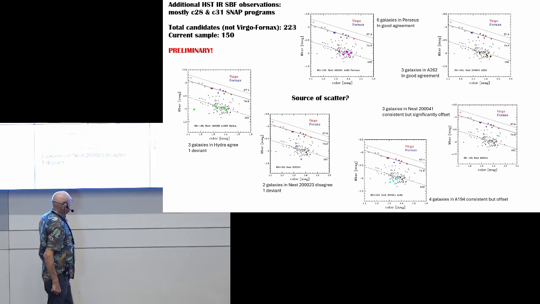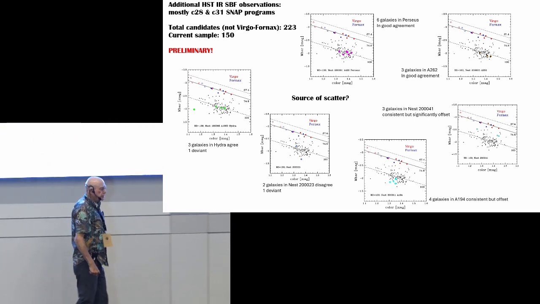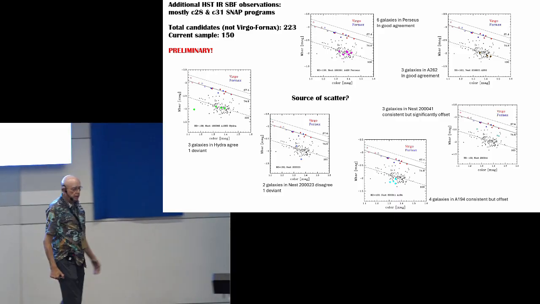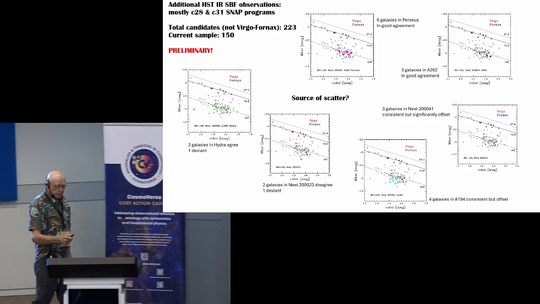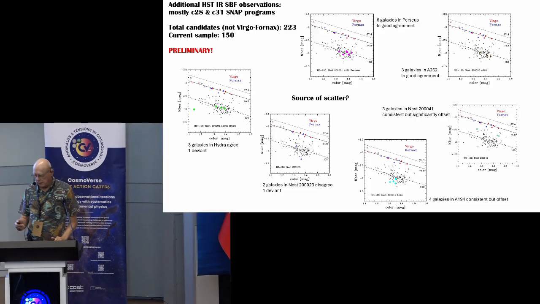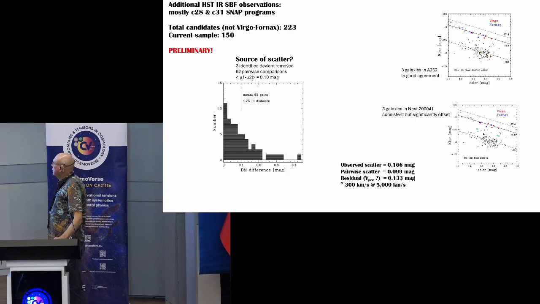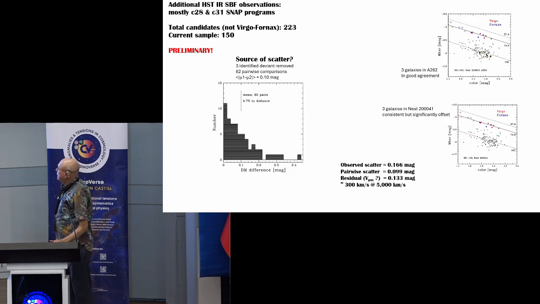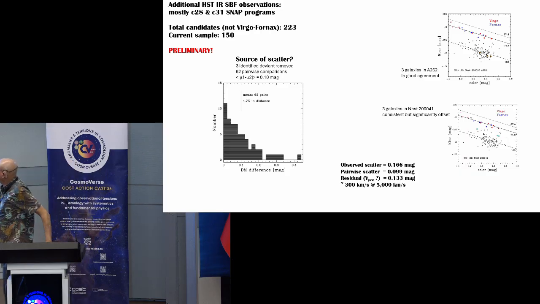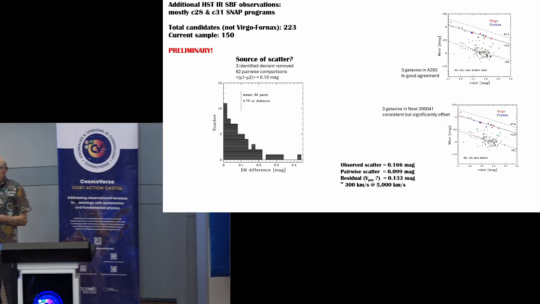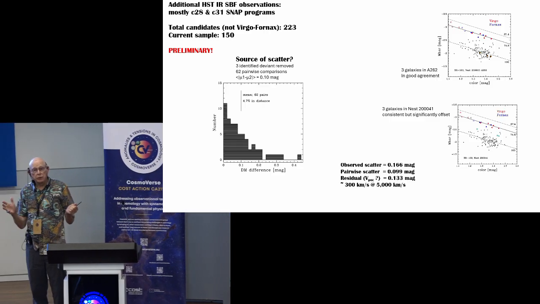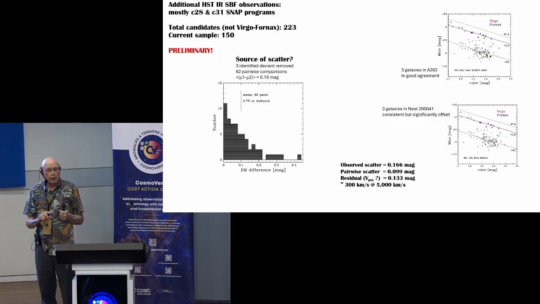So anyways, there's the occasional bad data, but it looks like the scatter there is arising from peculiar velocities. In particular, what we did is we had a snapshot Hubble Space Telescope program, and in many groups we have more than one observation.